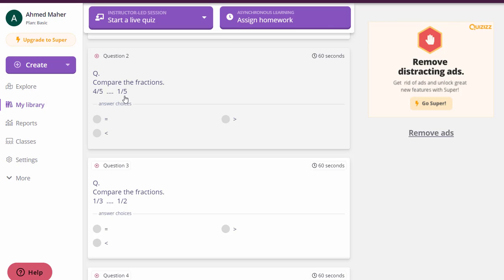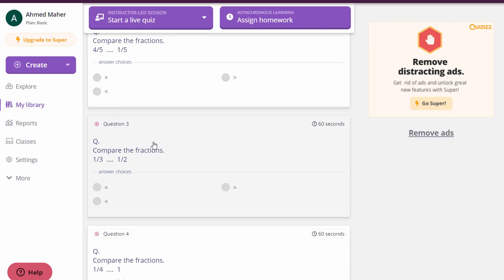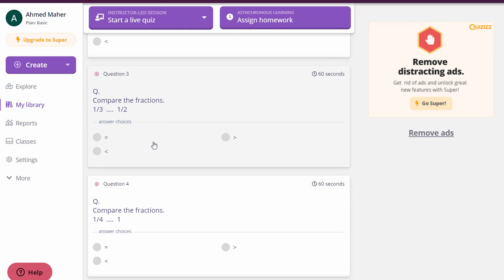So which one is greater again? 4/5 is greater because this is 4 parts out of 5. It's the same size, 5ths and 5ths. Okay, thank you, my hero.